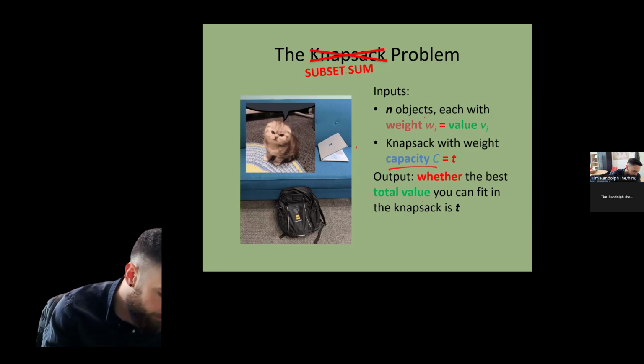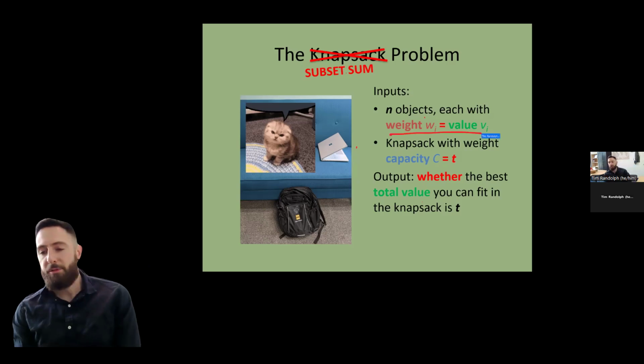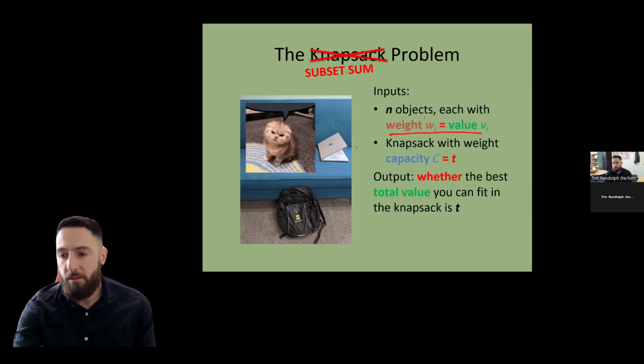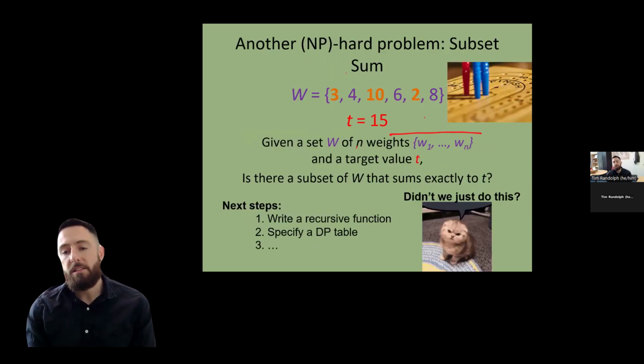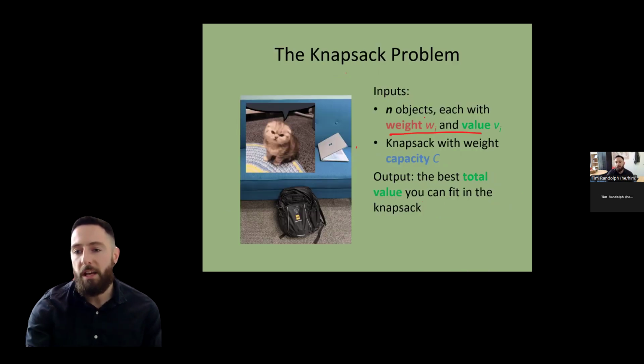So in particular, for subset sum, if we treat our n objects, our n numbers, as objects with the same weight and value, that is, if we look back at this instance, we have an item with weight 3 and value 3, an item with weight 4 and value 4, an item with weight 10 and value 10.